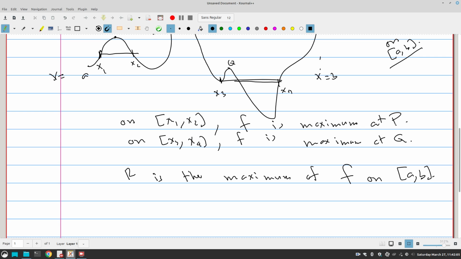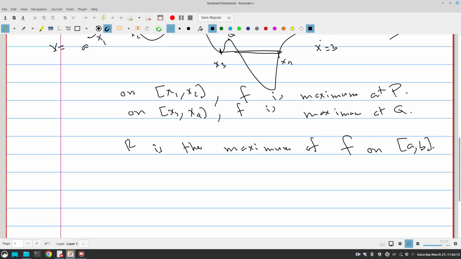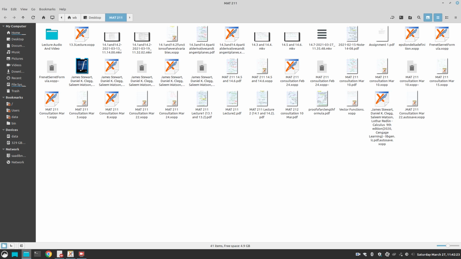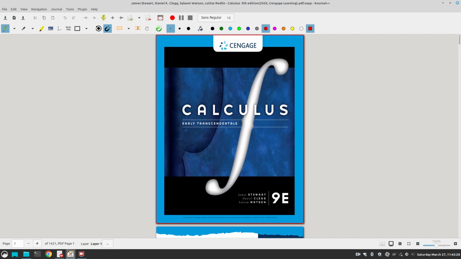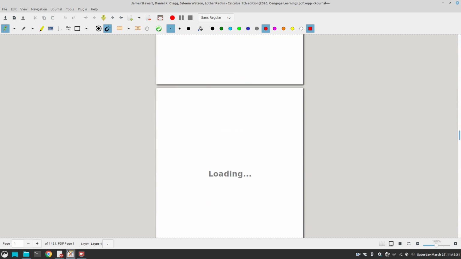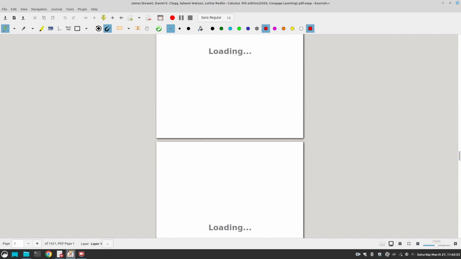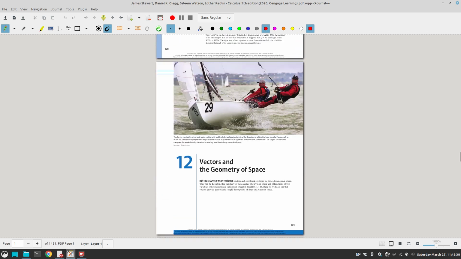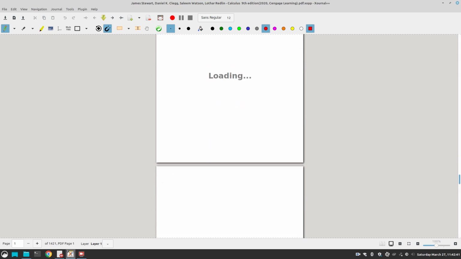Okay, so we can come up with a completely analogous definition for multivariable calculus, for multivariable functions. So if you have z equals f of x, y, actually let me open this book so I can edit it.